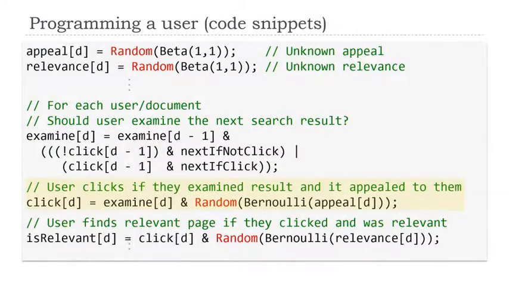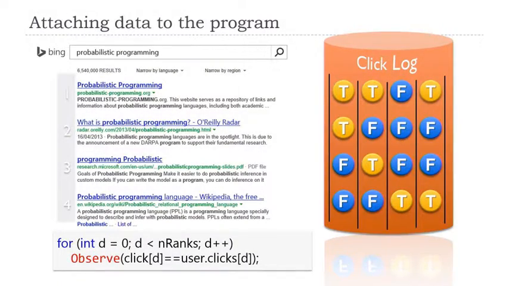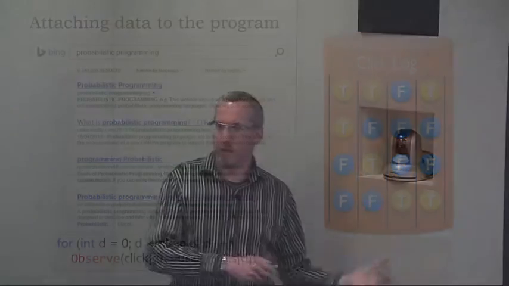And then so on for whether I'll click if I examined it, and whether it's relevant if I click it. Then to attach the data, we actually have this log for many users. I can just iterate over the users and observe the data in the program.